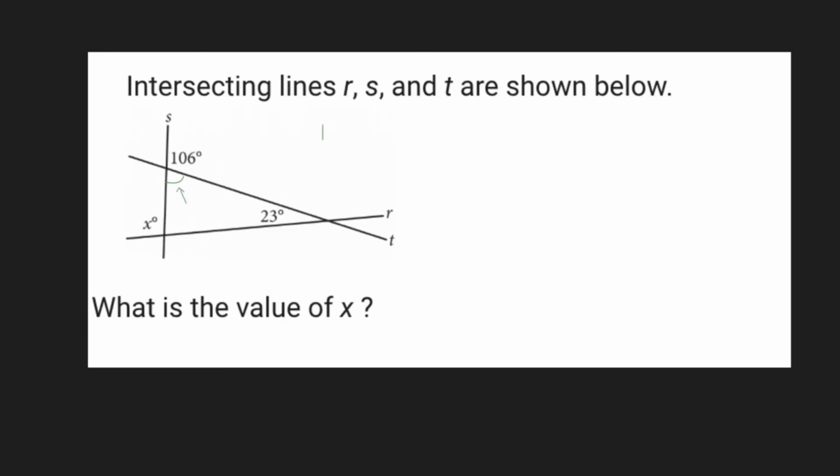And so we can pretty easily just do 180 minus 106, and that will give us a value of 74. So we know this angle right here is going to be 74 degrees.